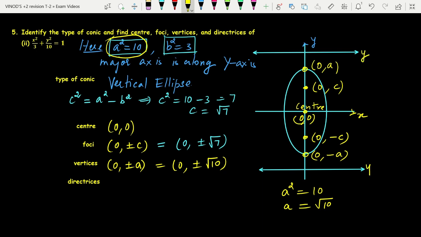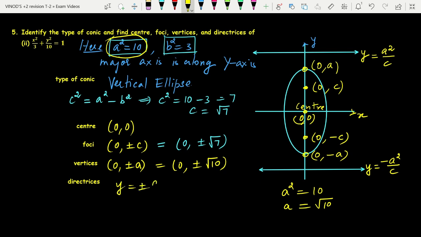Directrix. Horizontal directrix means you will write as y is equal to. The directrix above x-axis is a square by c. Below x-axis, the directrix equation is y is equal to minus a square by c.